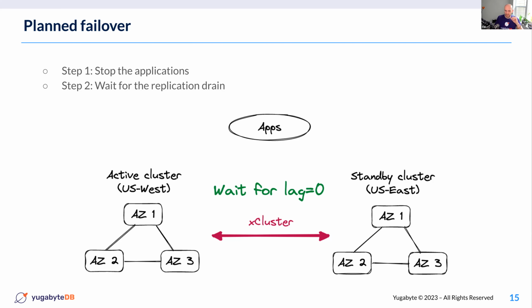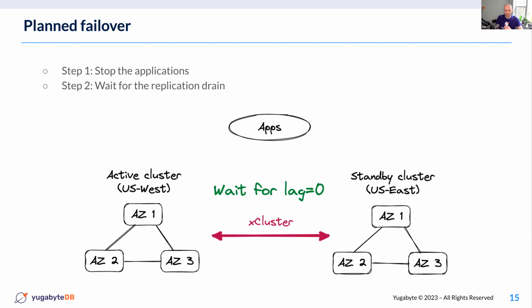Which means that you issue a special command through yb-admin to your standby cluster, and it will make sure that it gets all the updates and that the replication lag is 0.